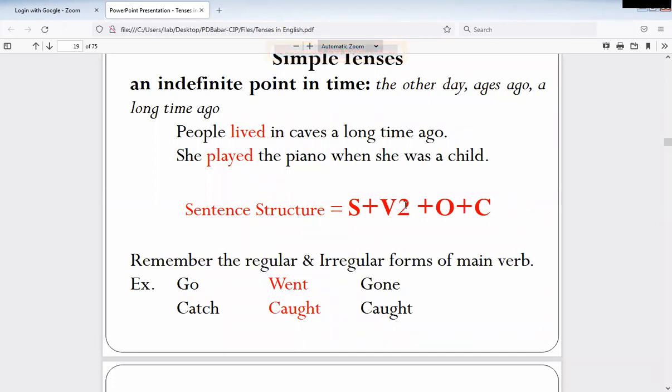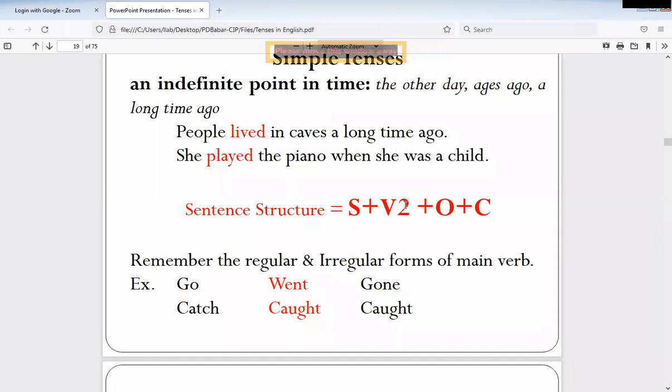V1 means the present form of the verb. V2 means the past form of the verb. So subject plus V2 plus object plus complement. This is the sentence structure that we use for the simple past tense.